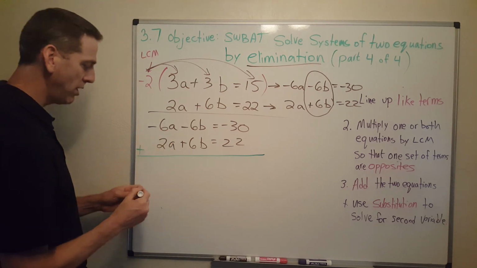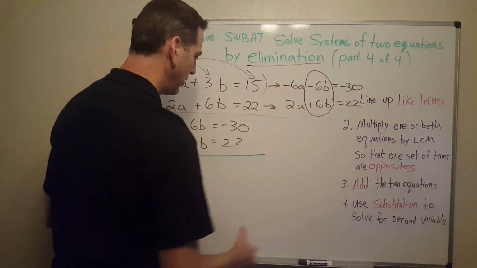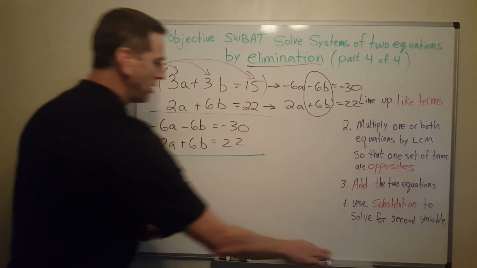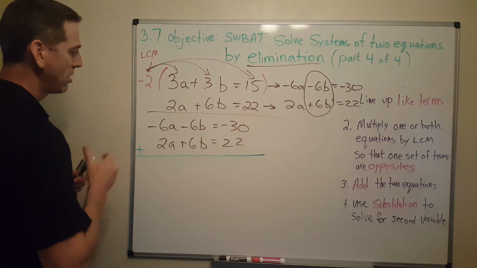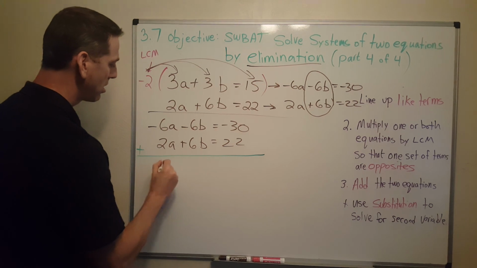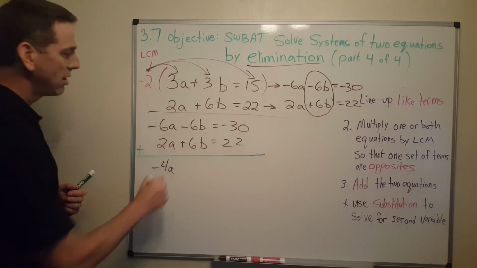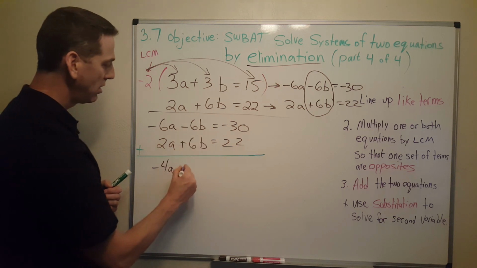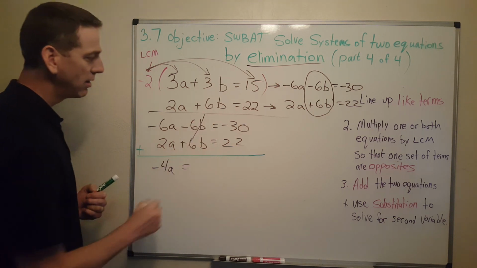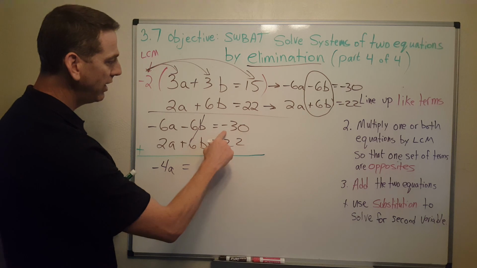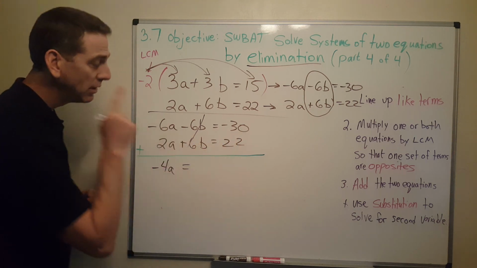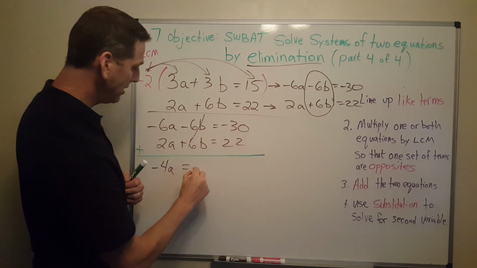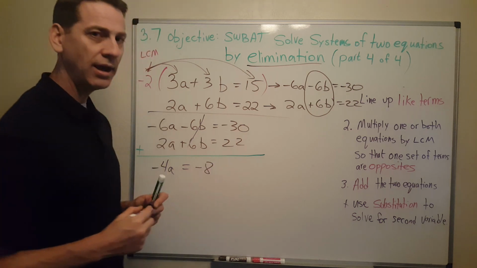-6a plus 2a is going to result in -4a. And look at this right here. Isn't that beautiful? That's going to just cancel. It's going to eliminate. So then I get equals -30 plus 22 is -8. Oh, look at that.